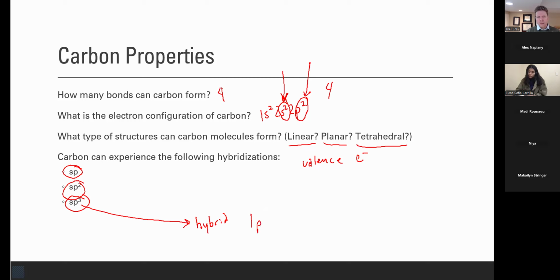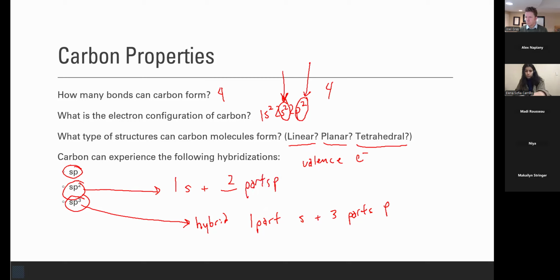This is 1 part S subshell and 3 parts P, hence sp3. Now, could you guys tell me an sp2 hybrid orbital is 1 part S? How many parts P?